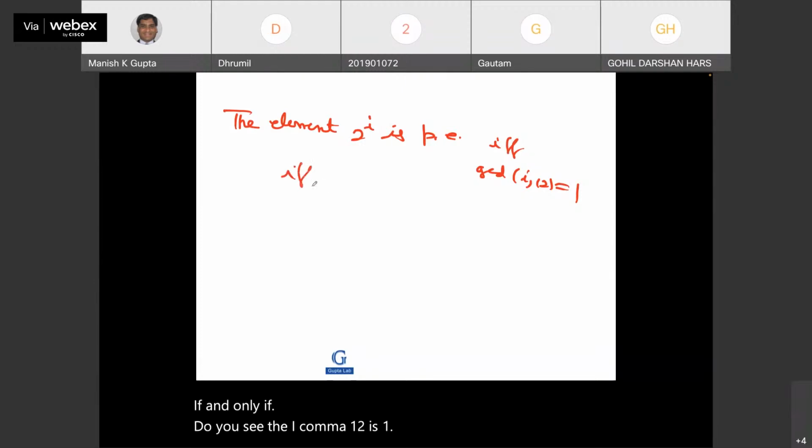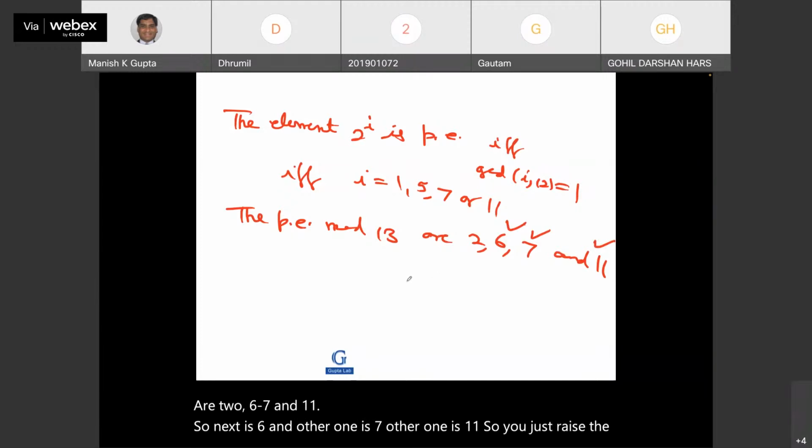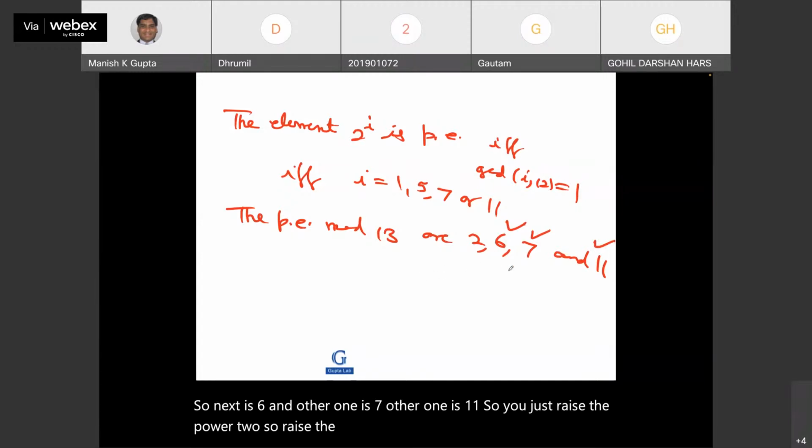That means if and only if i is equal to 1, 5, 7 or 11. So the primitive elements mod 13 are 2, 6, 7 and 11. You can raise 6, 7 and 11 to powers and see that they are primitive elements.